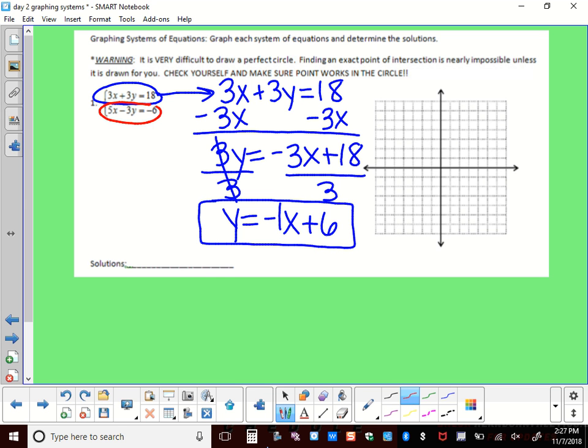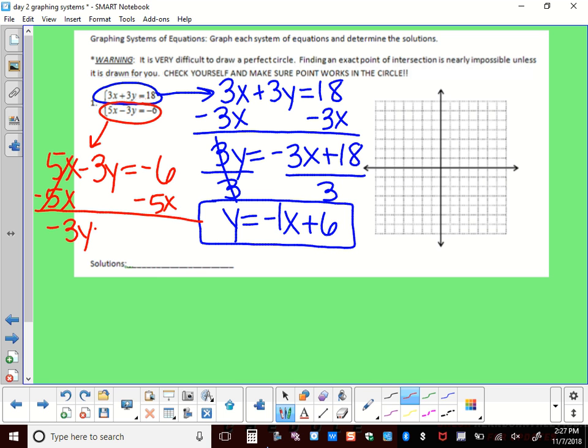The red one, I'm going to solve over here. 5x minus 3y equals negative 6. Ronaldo, what do I do to get y by itself? Minus 5x. So I'm left with negative 3y is equal to negative 5x minus 6. And then we divide by negative 3.